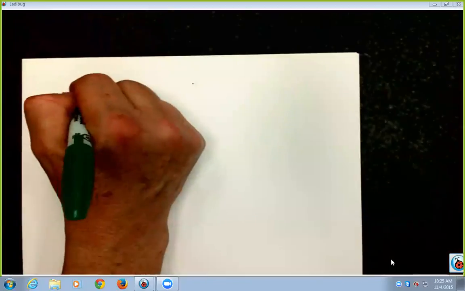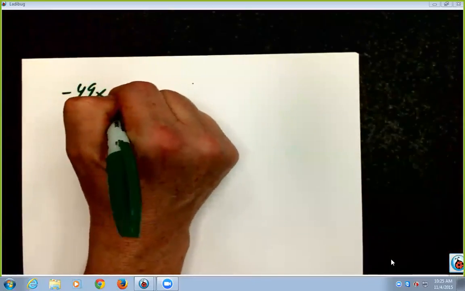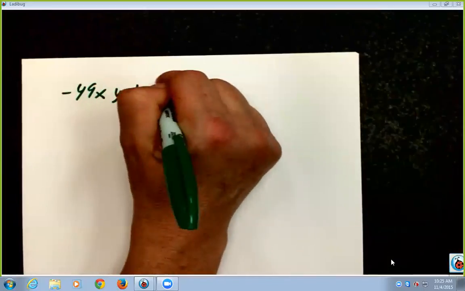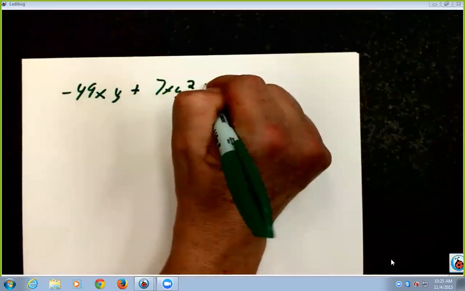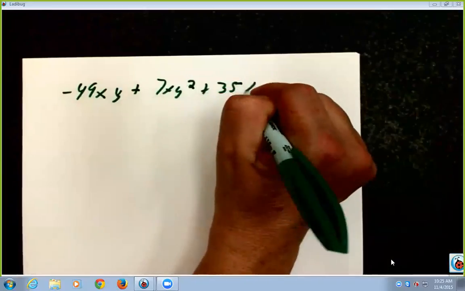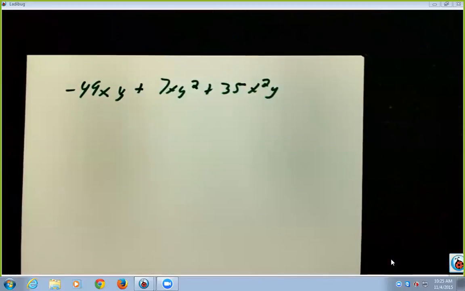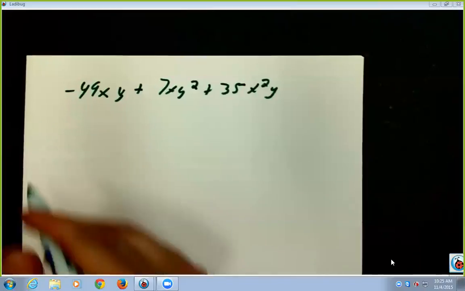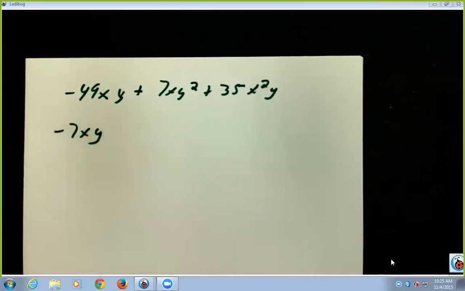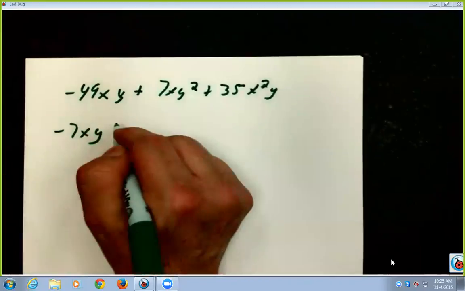So one more. Negative 49xy plus 7xy squared plus 35x squared y. So what can come out of this whole thing? Okay, yep, negative 7xy.